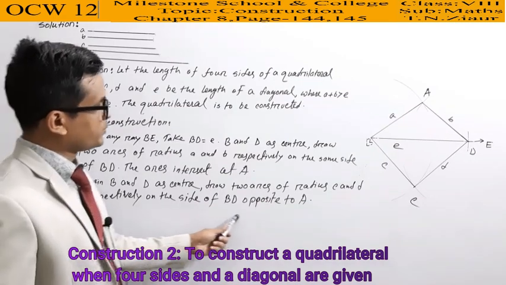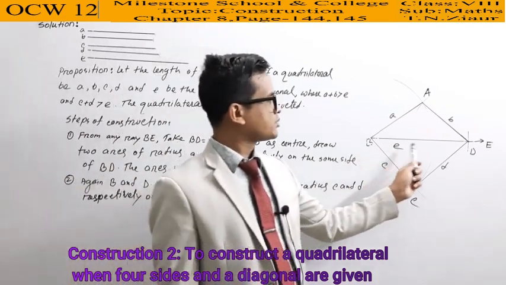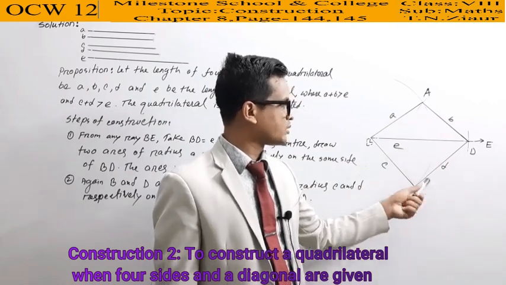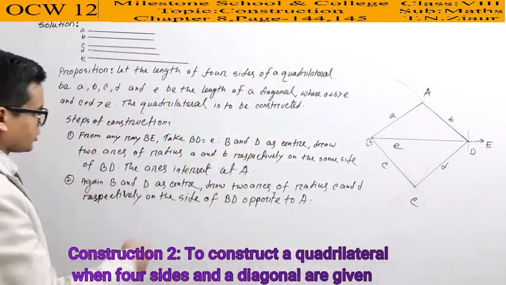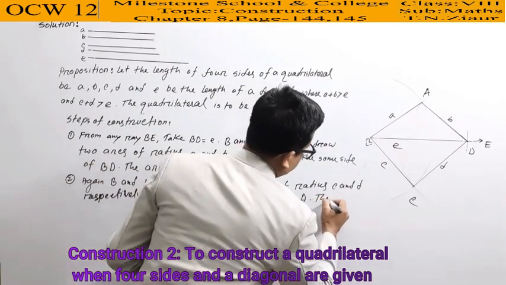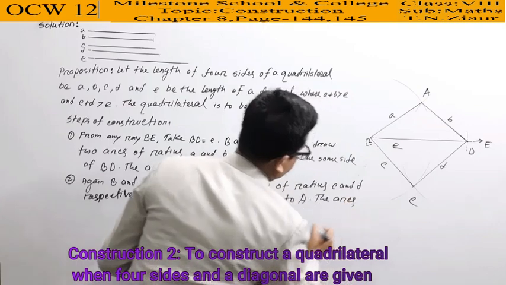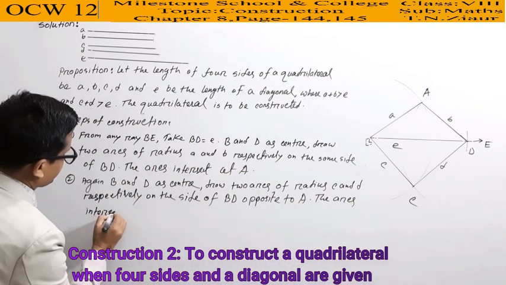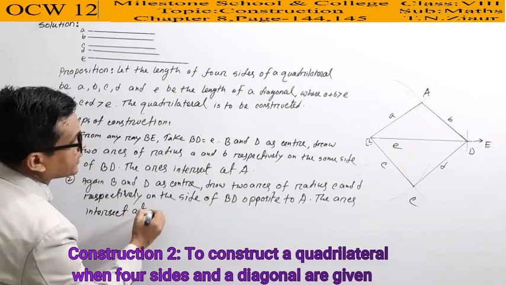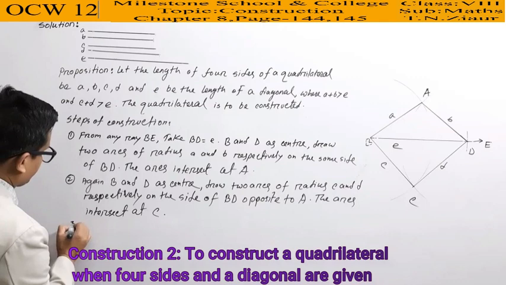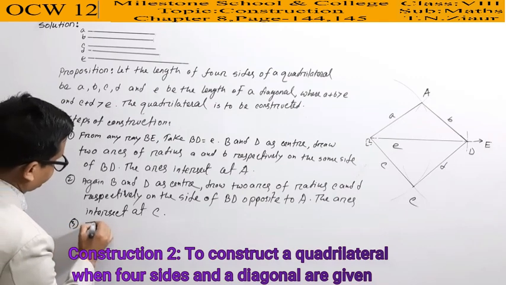On the side of BD opposite to A, that means this one, by this side we have to draw the two arcs. Okay, already we have drawn. So like this you have to write the arcs intersect at C.